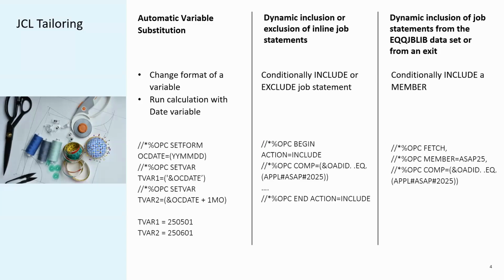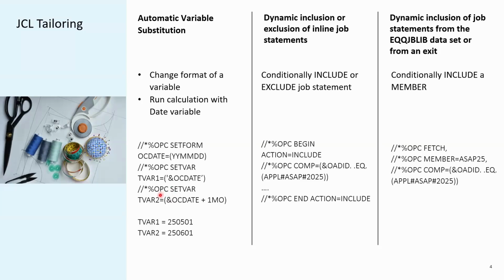Let's take a look at a few common examples. In example 1, we can see the SETFORM directive. That directive is used to define the format of the dynamically supplied variables. The SETVAR is used to create a temporary variable that can be used within the JCL for calculations further down.